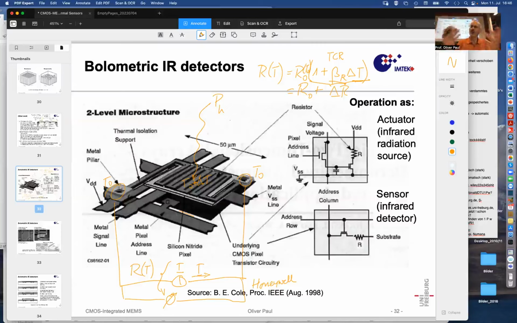So the thermal conductance between the absorber and the reference structure below will be small, and therefore, for a given input power, the delta T will be large. So the sensitivity of these structures is potentially larger because of their inherent construction that allows us to make them not so well connected to the thermal surrounding world.